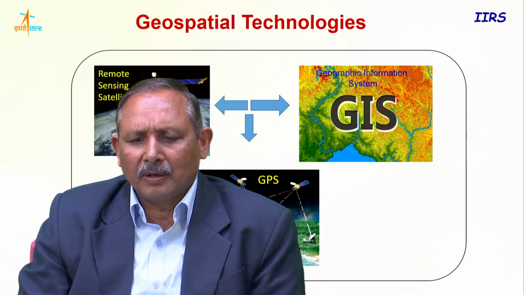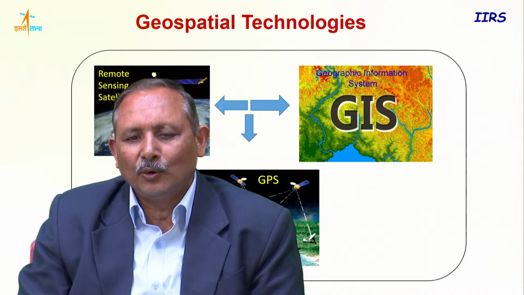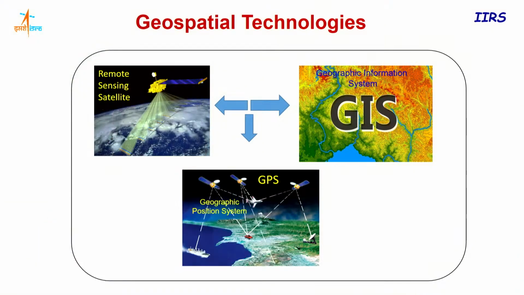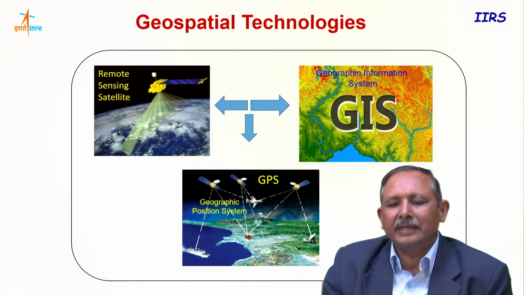Before discussing the remote sensing of soils, I will just go over briefly the remote sensing technology and what advances are available today. In general, we talk about geospatial technology, which is an integration of three technologies. One is the remote sensing satellite, second is the geographic information system, and third is the global positioning system, GPS.